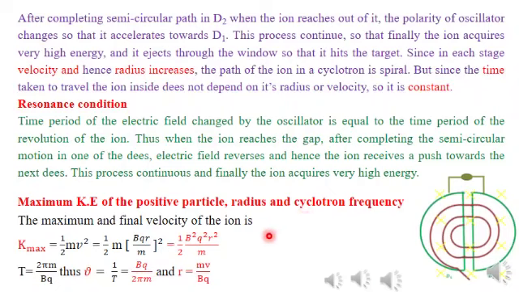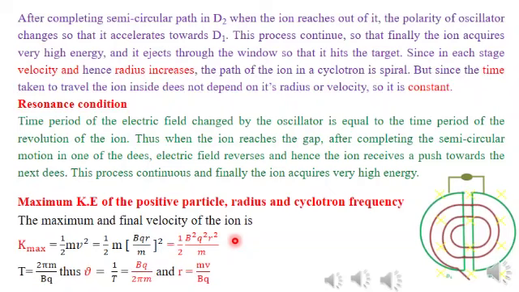Now we can discuss about maximum kinetic energy of the particle when it hits the target, radius of the circular path, also the cyclotron frequency. The maximum and final kinetic energy of the ion is Kmax equals half mv square.